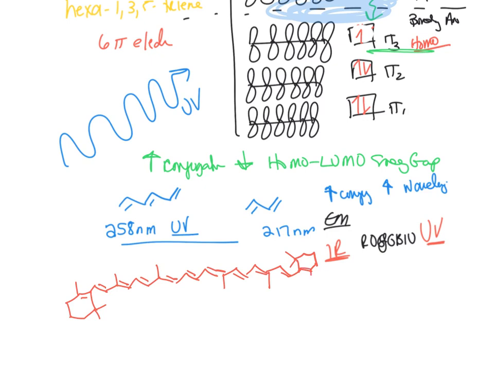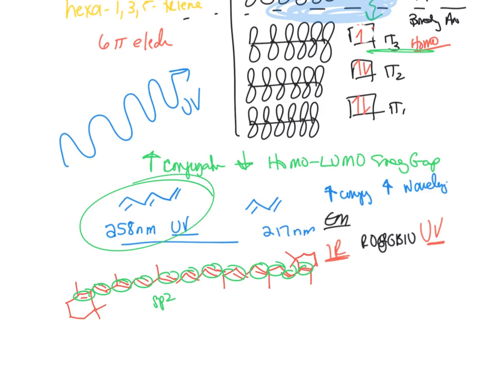All right, so this is beta-carotene. And if you look at each one of these carbons, they're all sp2 carbons. So how many conjugations do you have? I'm not going to count them, but you can see that it is significantly more than hexatriene. Well, what's the absorption here?